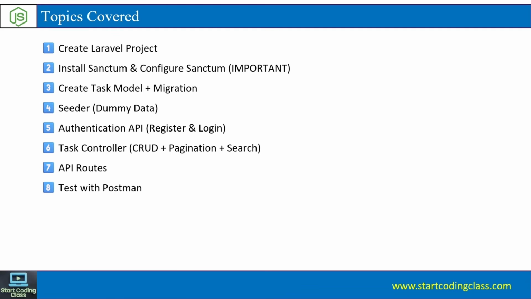So register and login authentication API we will create, and also create a task controller where we will create CRUD, pagination and search, and also API routes, and all the APIs we will test in Postman. This video will be very interesting. By the end of this series, you will learn how to create a RESTful API in Laravel with the help of Sanctum authentication. Now we are going to go to VS Code and install the Laravel project on our local system.